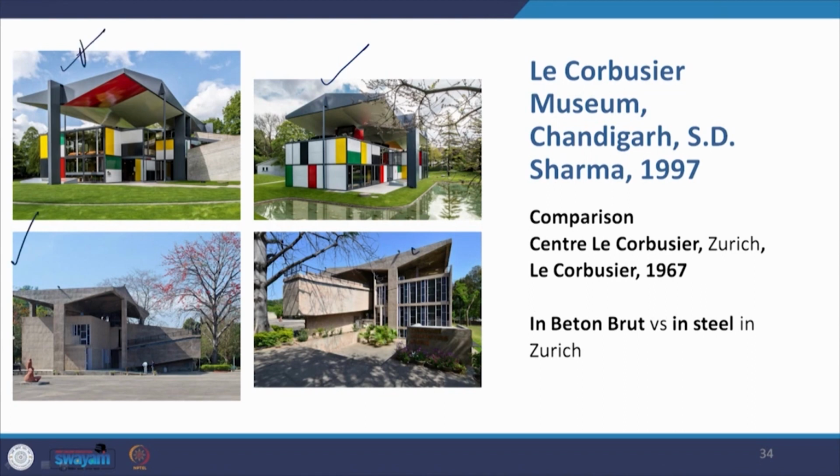So beton brut here in Chandigarh versus steel in Zurich, and very similar. The roofscape in the front has a triangle with the vertex pointing downwards, and in the rear it is pointing upwards, and we see the same thing happening here, in fact a very close replica of the Centre Le Corbusier in Zurich.